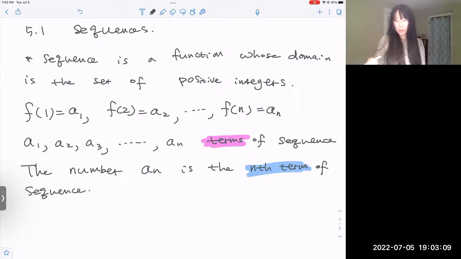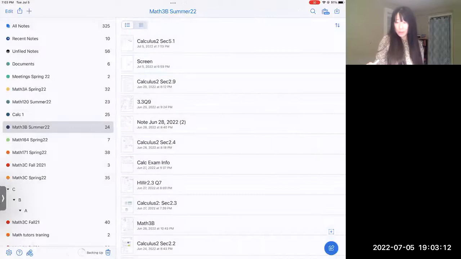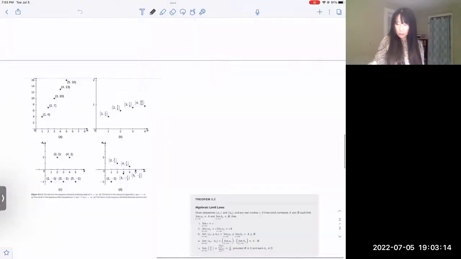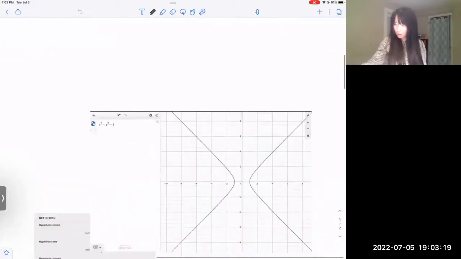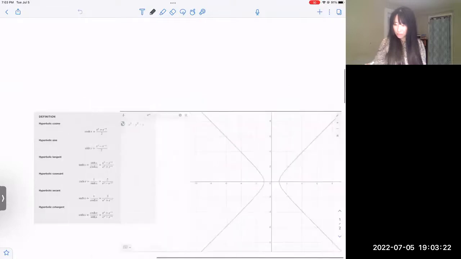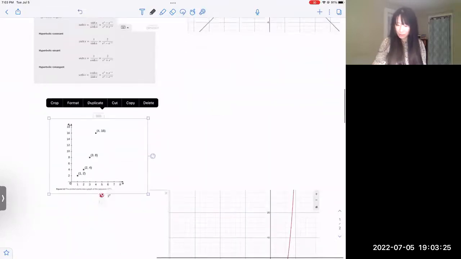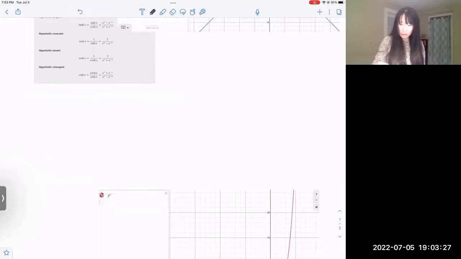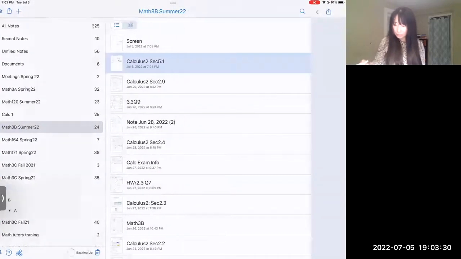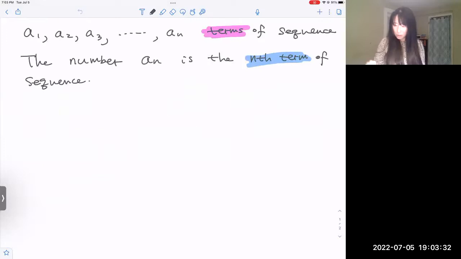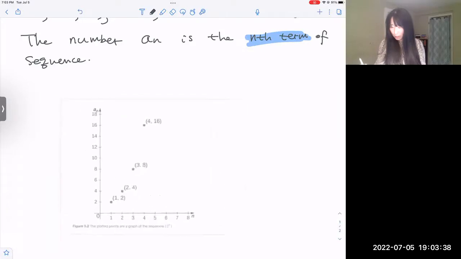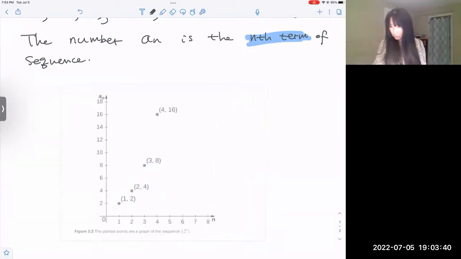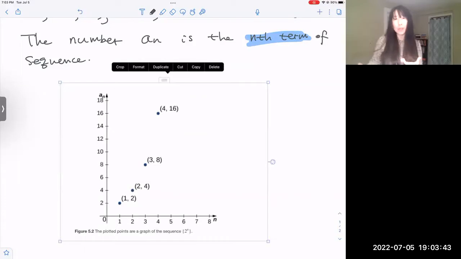Okay, let me bring up how a sequence looks, a screenshot. Oh, where did it go? Oh, it's gone. Oh, right there. So this one. So the sequence looks like that. So this is 2 to the n. Then look, if we have the sequence 2 to the n power, right?